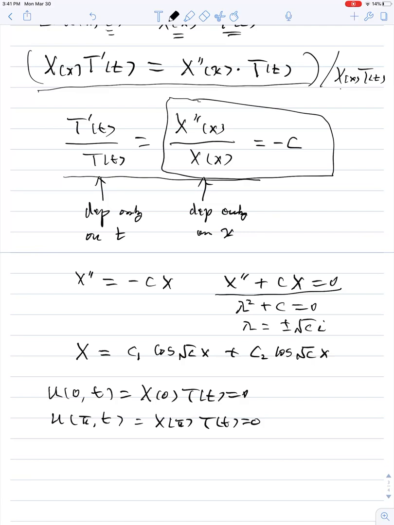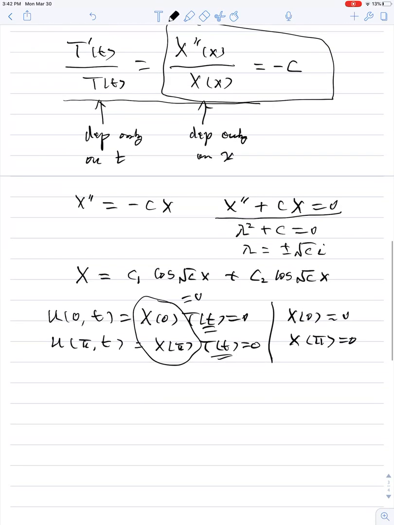Now this is a function, and it must be identically 0, which means that both of these two terms must be 0. So we need to find a solution X that satisfies these two boundary conditions.